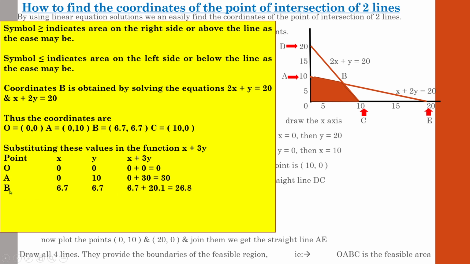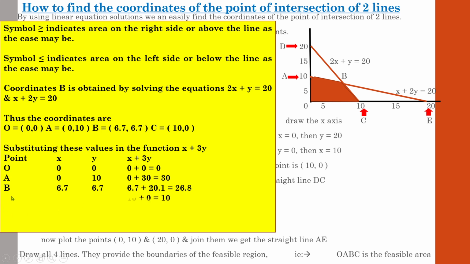Next one, in the case of point B, our x value is 6.7 and y value is 6.7, which we have already computed. Substitute these in the equation x plus 3y. So x is 6.7 and 3y is 3 into 6.7, which is 20.1. By adding these 2, you will get 26.8.